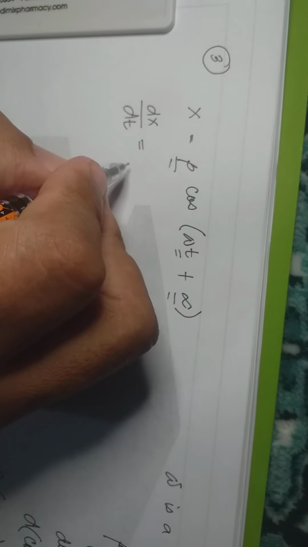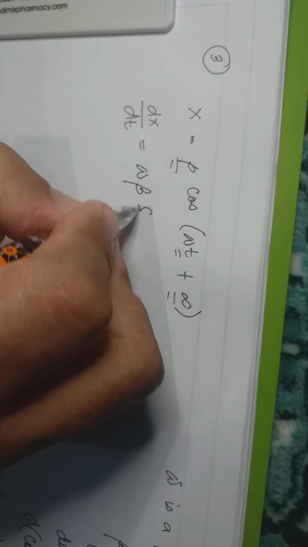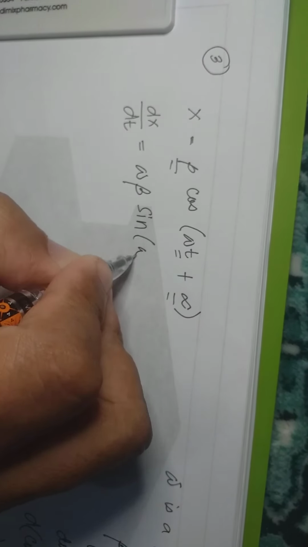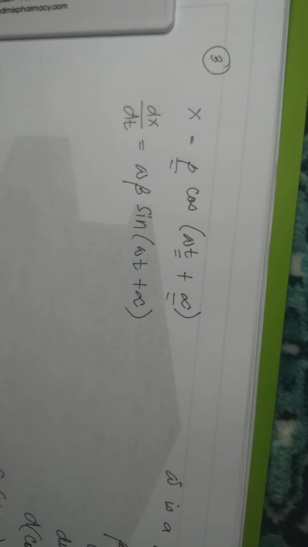So, applying this in the first derivative, we have W beta sine (Wt plus alpha). Okay? But what will be the sign?